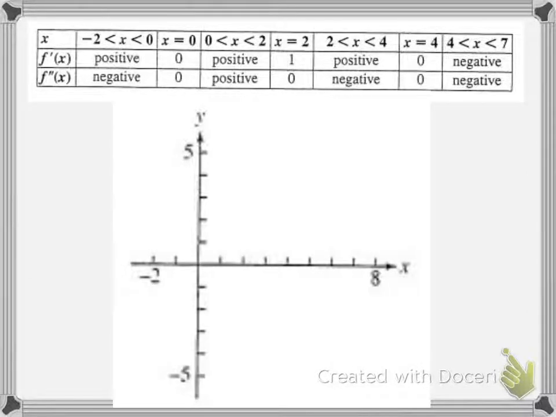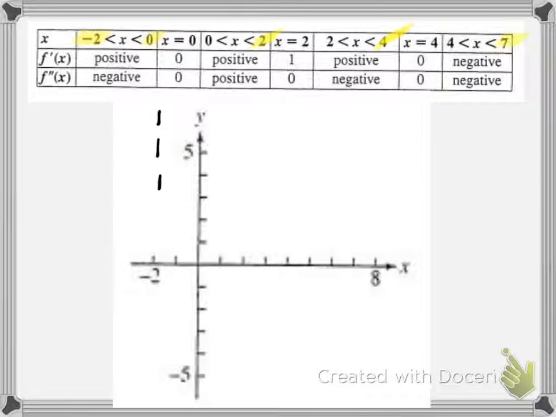So kind of what we did in class today, I looked and saw across this table all of the important points that I need to look at, like -2, something's going on at -2, 0 is something that I need to look at, +2 is something that I need to look at, +4 is something that we need to look at, and +7. These are all very, very important points on my graph. So I'm going to go to my graph.